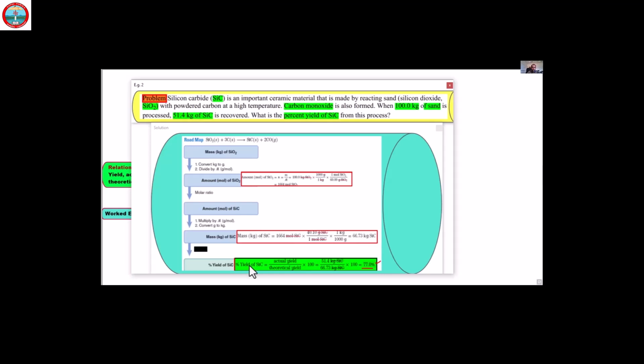Finally, calculate the percentage yield of silicon carbide: the actual yield, 51.4 kilograms, divided by 66.7 kilograms times 100%, that is 77%, the percentage yield of silicon carbide.